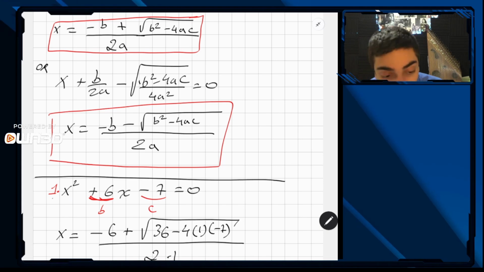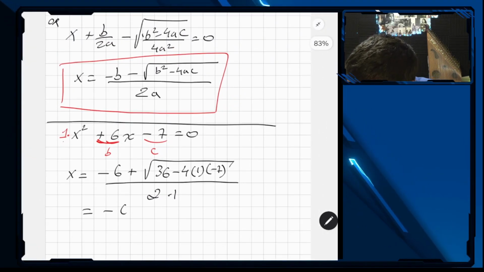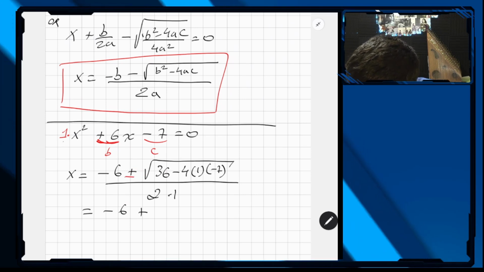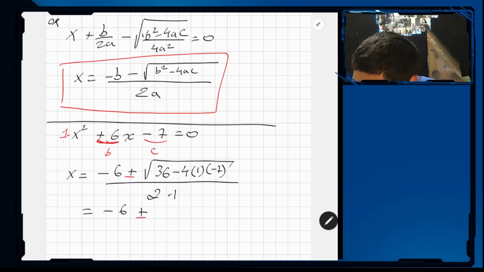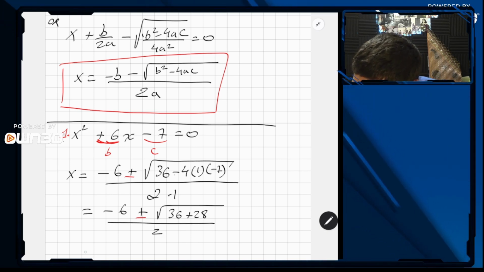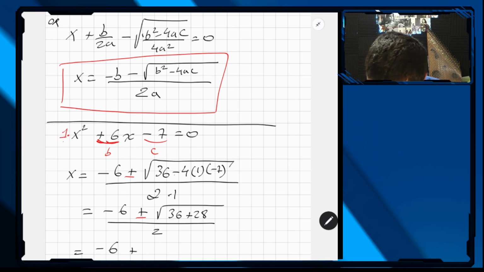If you're not, you can follow me as I do this very quickly. -6 plus, well, let me cheat as well and say plus or minus so that we save time. Square root of 36. 4 times 7 is 28. Minus times minus is plus, over 2. This is -6 plus or minus the square root of 36 plus 28.